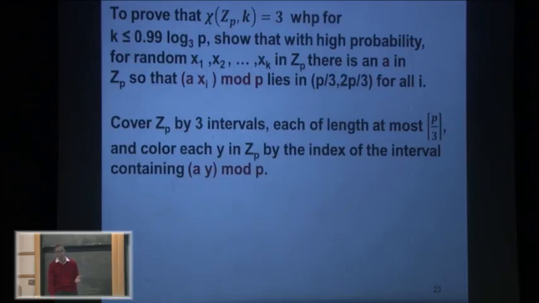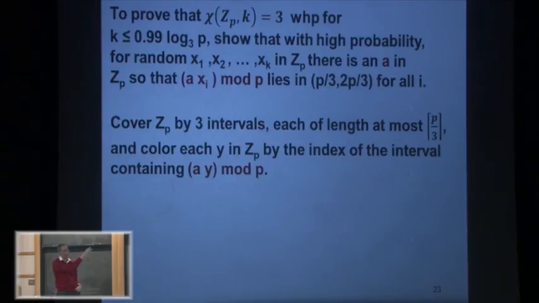Okay, now let's first see why this will be good. This is very simple, once we have this, we'll get the coloring. So here is how we get the coloring. We'll take Z_p and we'll cover it by 3 cyclic intervals of essentially equal size, each of size about p/3. Then we will color each element y in Z_p by the index of the interval containing ay modulo p.